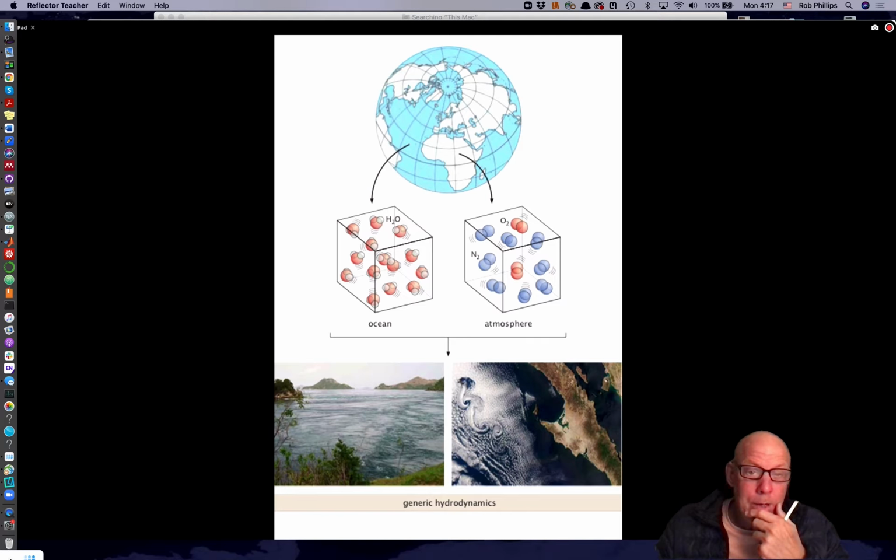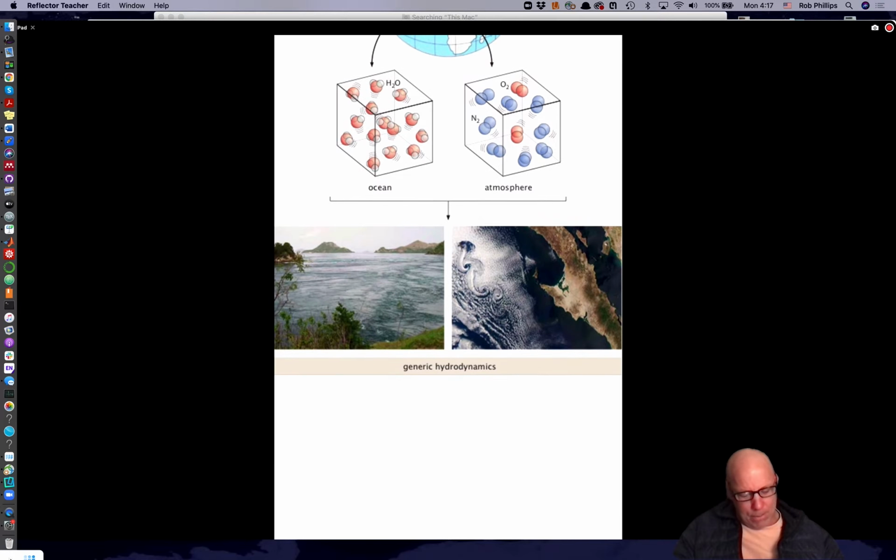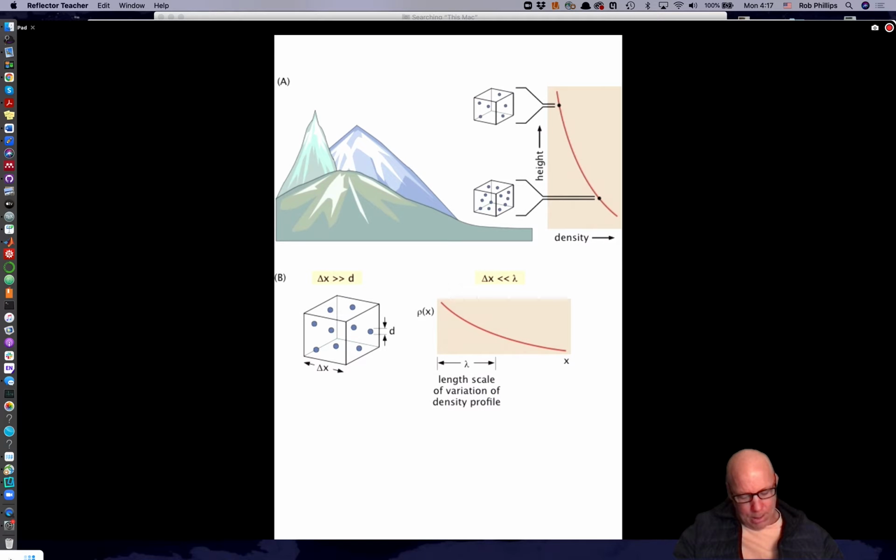So at any rate, we're going to coarse grain by imagining either the ocean, shown over here, or the atmosphere, shown over here, and we're going to take these little material volume elements that we've already talked about, and talk about an effective density and an effective velocity associated with those molecules, which have now been replaced by fields.